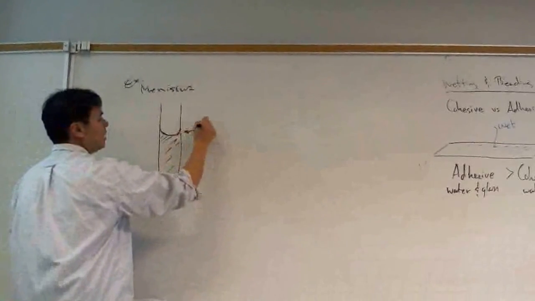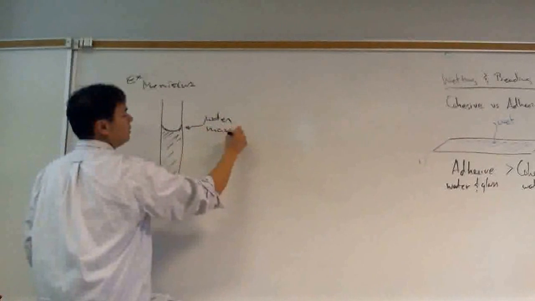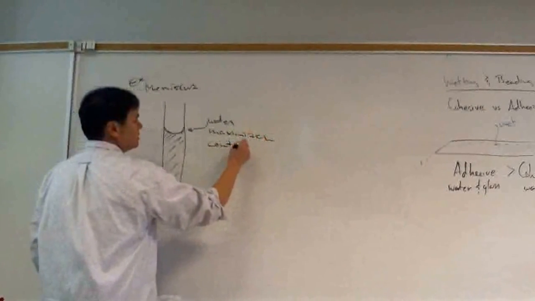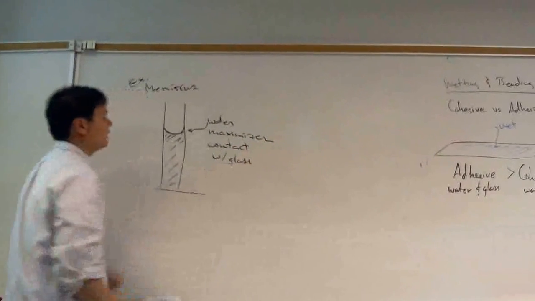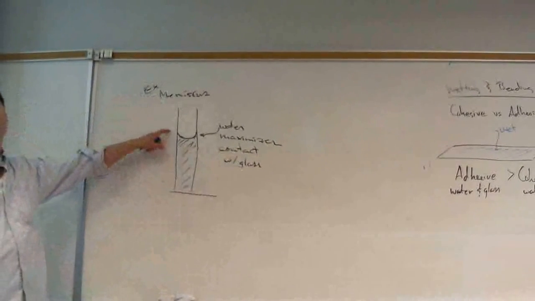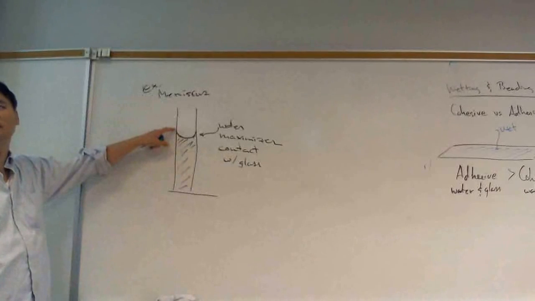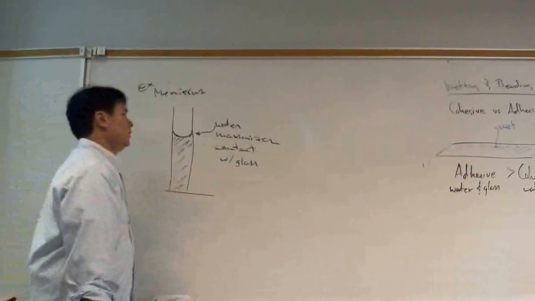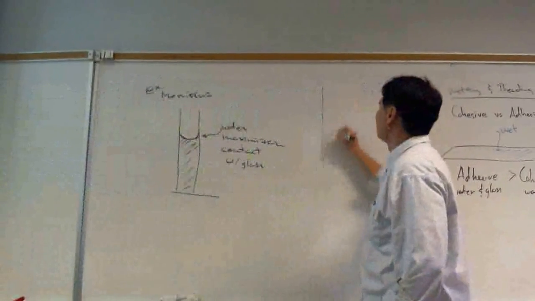Water is trying to maximize its contact with glass. It can't get too high. It would if it could, but gravitational potential energy depends on how much mass you have. But you can overcome this a little bit by capillary action.